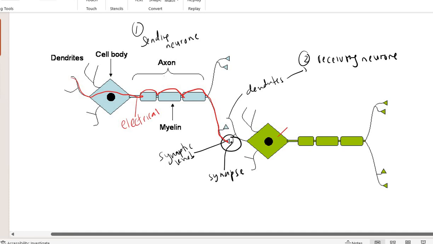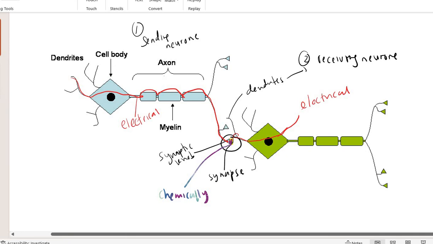But when it reaches this synapse, maybe not so clear, I will use another synapse here, it must be converted into chemical. Converted into chemical substance. Then later, when the impulse flows into the dendrites here, it will be converted back into the electrical signal.